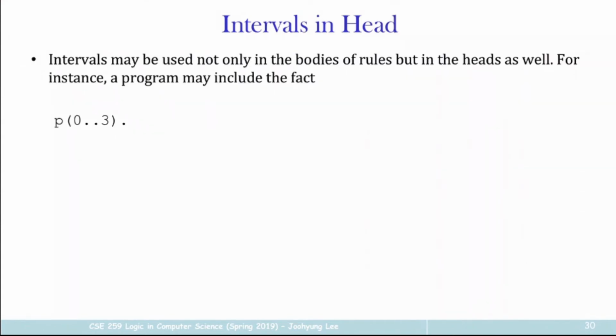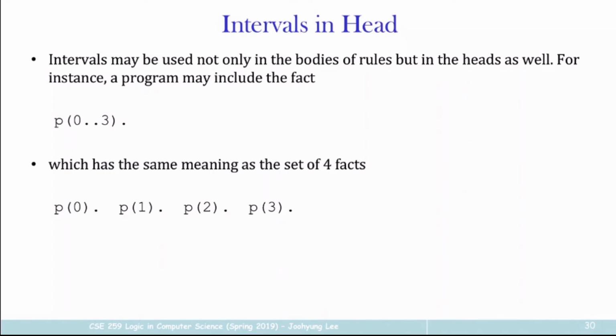So previously, we saw that the intervals are used in the body of the rules, but you can also write the intervals in the head. Okay, so P(0..3) means that you actually write these things: P0 is true, P1 is true, P2 is true, P3 is true.